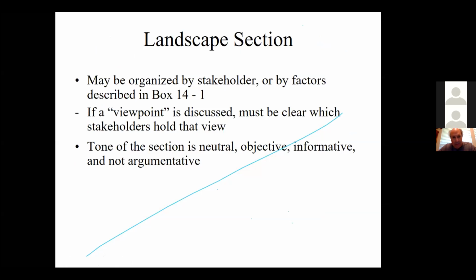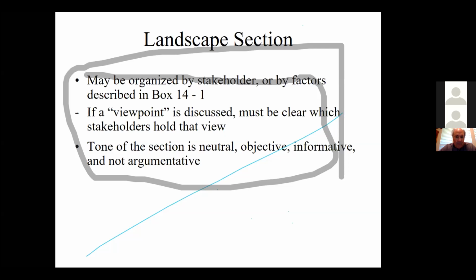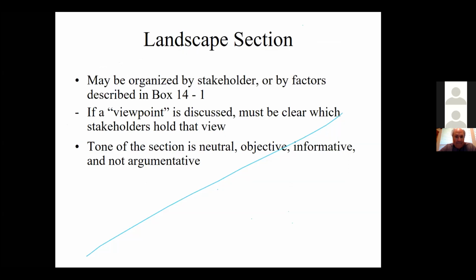Stakeholders, of course, would be the uninsured people who would receive insurance, the general public, the governor, the legislature, the healthcare profession, the hospitals. The rural hospitals are important stakeholders to Medicaid expansion. Or you can organize this by the factors described in box 14.1. This will be up to you which you choose.